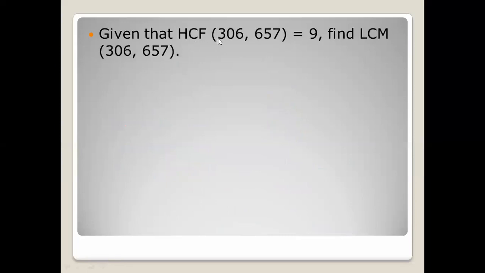Given that HCF of these two numbers is 9, find the LCM of these two numbers. Simple. अभी तो डिस्कस किया हमने. क्या डिस्कस किया कि प्रोडक्ट ऑफ टू नंबर्स इज इक्वल्स टू HCF एंड LCM ऑफ द नंबर्स. तो यहाँ पे टू नंबर्स कौन सी है? 306 into 657. इसका HCF is 9 and LCM we are going to find out.